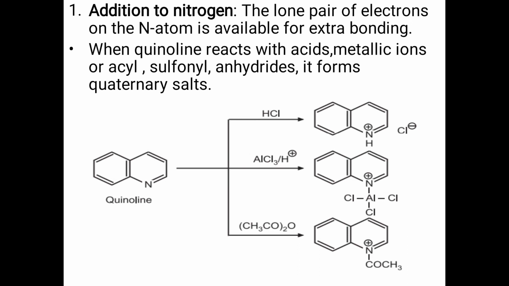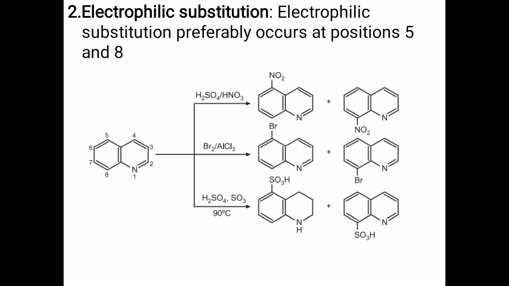When quinoline reacts with acid, metallic ions, or acyl, sulfonyl and hydride groups, it forms quaternary salts. Like quinoline reacting with HCl or aluminium chloride, you can see there is a formation of quaternary salts as a product. Electrophilic substitution preferably occurs at positions 5 and 8.